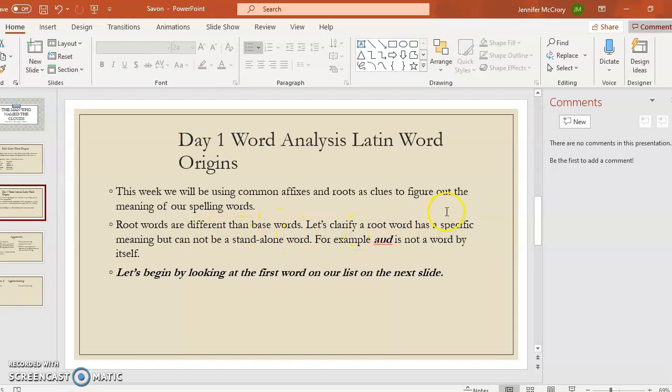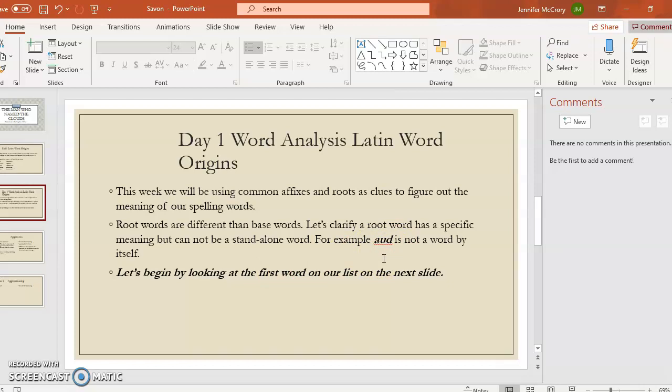So let's clarify this. A root word has a specific meaning, but it cannot stand alone. It's not a standalone word. So, for example, the root word aud, like in audience or applaud, is not a word by itself. You just wouldn't walk up to somebody and say, aud.